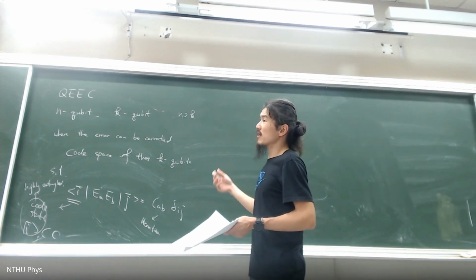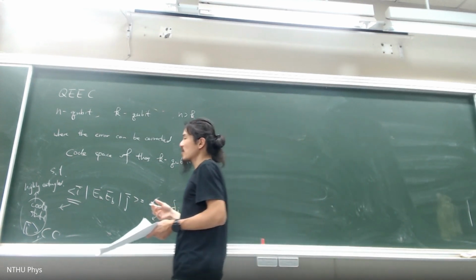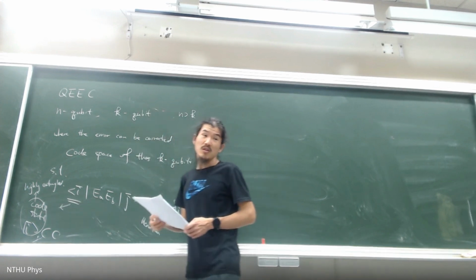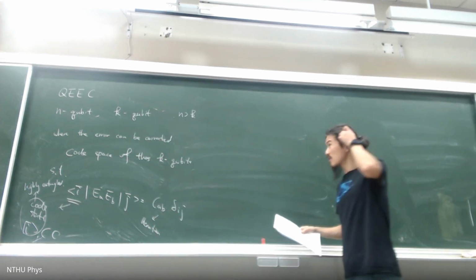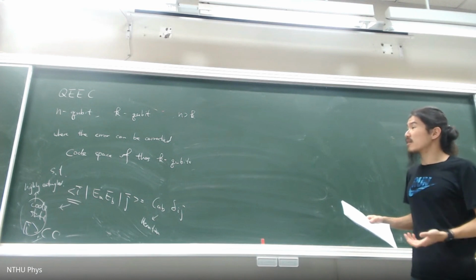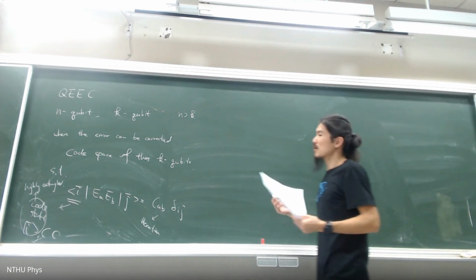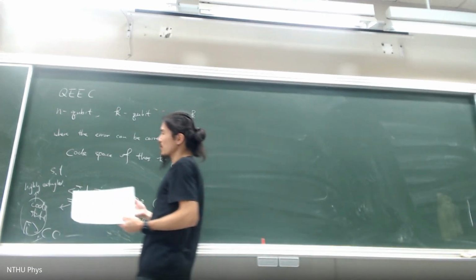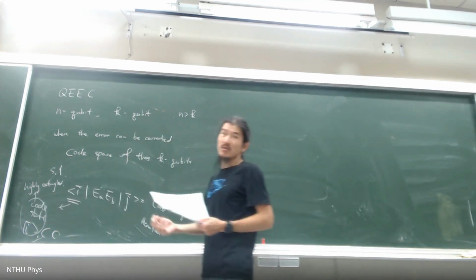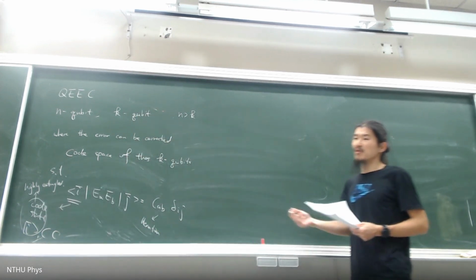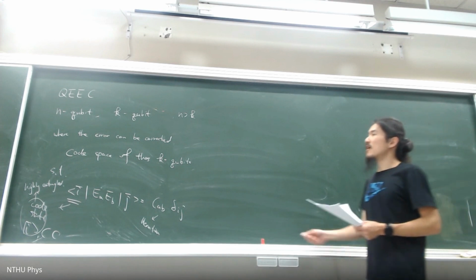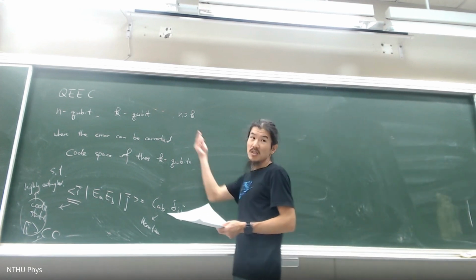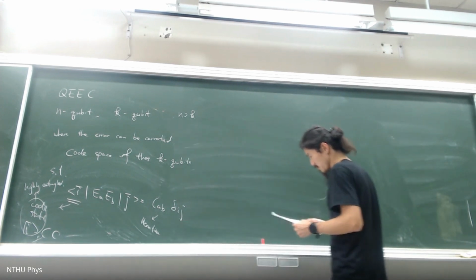If I can only access the local information, then that indicates this is not highly entangled. So I must have a way to correct local errors at any position. Then conceptually, this state must be highly entangled.